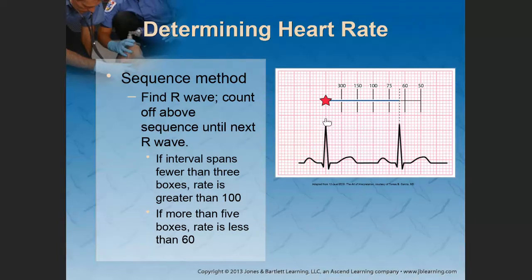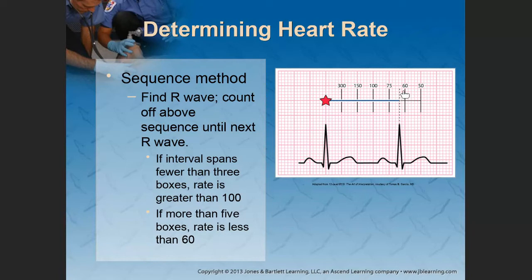You look for a QRS complex that falls on a bright line, right? So this QRS complex falls on a bright line, mark that area, and then the next bright line is 300. The next one is 150, the next one is 100, the next one is 75, the next one is 60, the next one is 50.